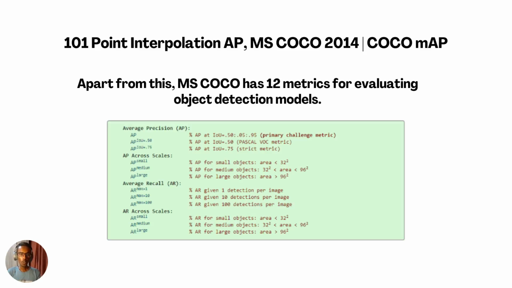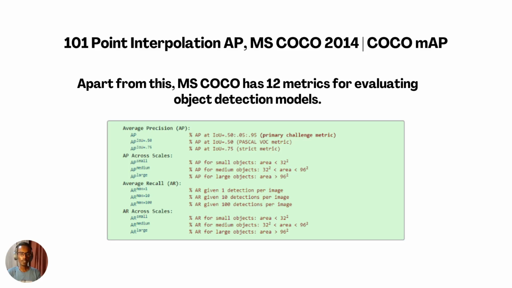Apart from this, MS COCO has 12 different metrics for evaluating object detection models. So instead of just considering the IOU threshold in order to compute average precision at different threshold values, they use different methods, different evaluating metrics, such as by considering the scales.